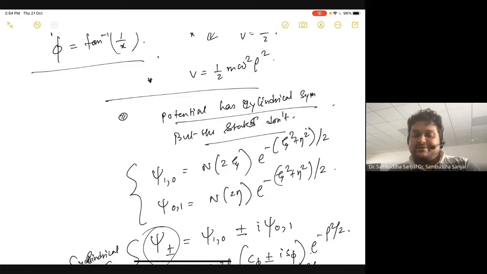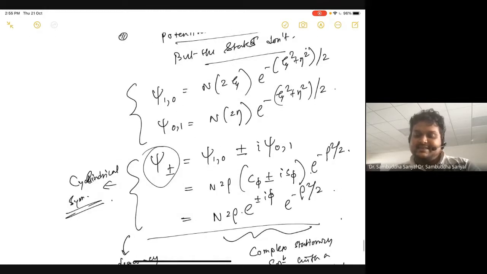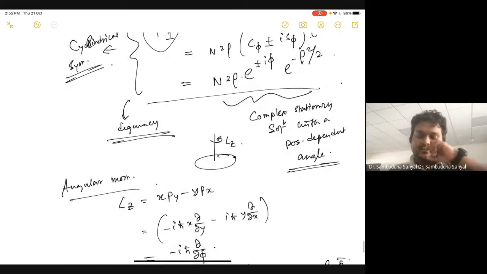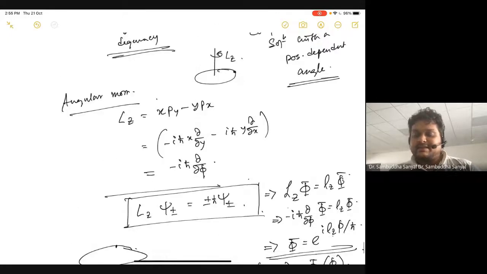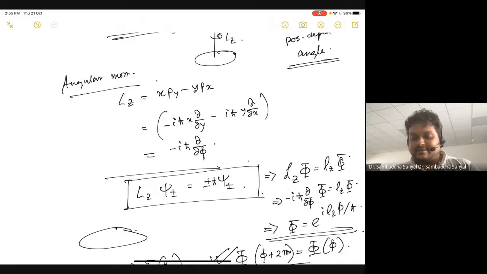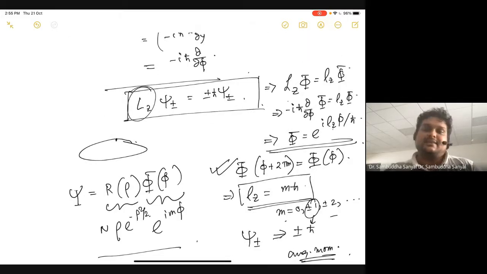But right now I'm trying to tell you intuitively that if my problem has a symmetry, it has a structure like that. It must have a coordinate which is phi-like. There is another quantity, and the wave function is the eigenfunction of that other object, which is Lz, and it has a quantized eigenvalue structure.